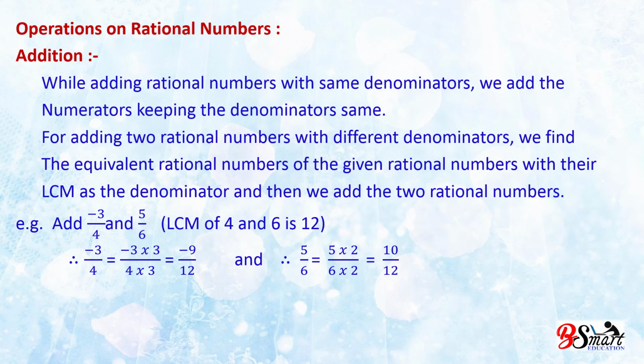And 5 by 6 equals 5 into 2 and 6 into 2. 5 2s are 10, 6 2s are 12. Therefore, minus 3 by 4 plus 5 by 6 equals minus 9 by 12 plus 10 by 12. That is minus 9 plus 10 upon 12. That is 1 by 12.